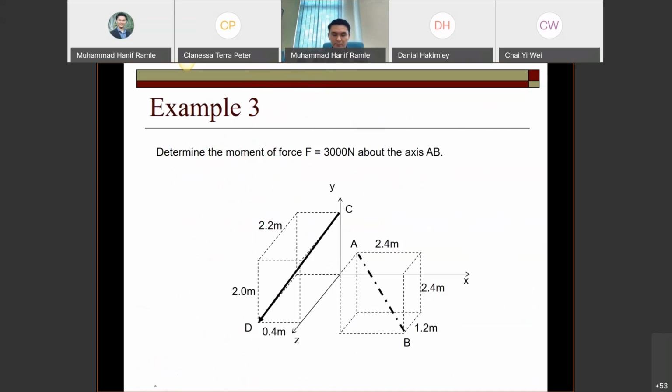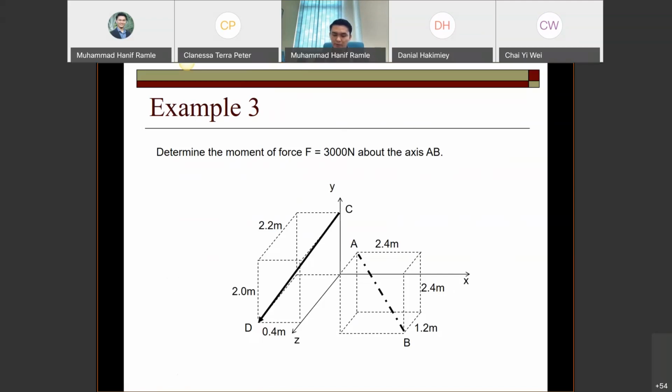From this example, you have to determine the moment of the 3000 Newton force about the axis AB. We do have an axis AB there, a dotted line from A to B. Of course we do have F from C to D. How to determine?